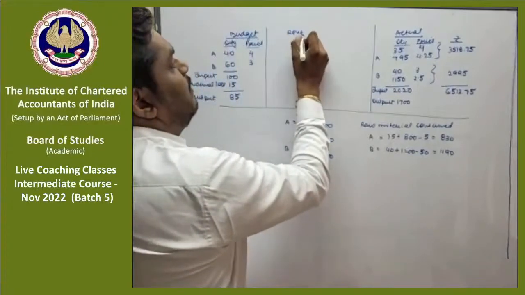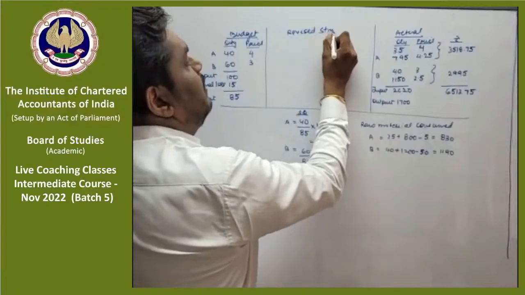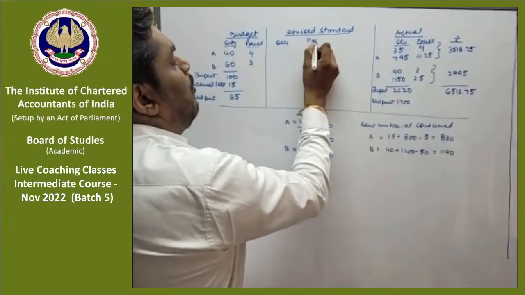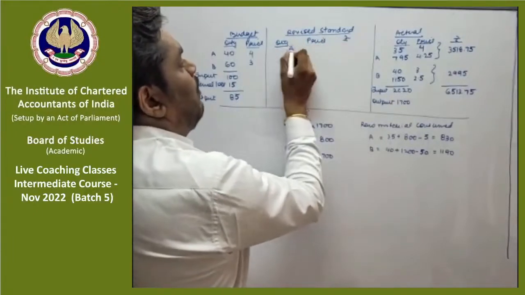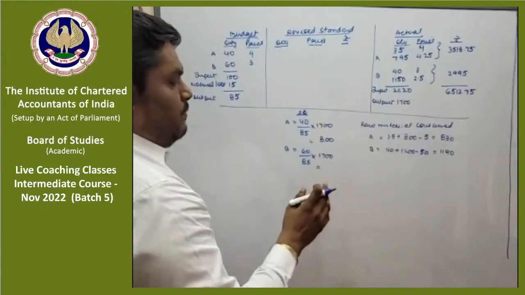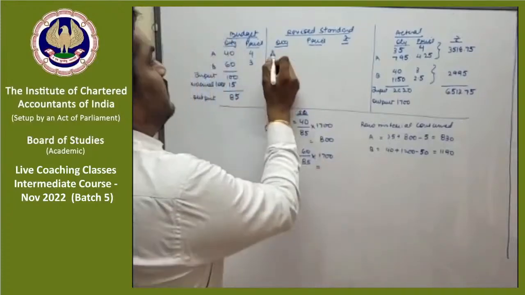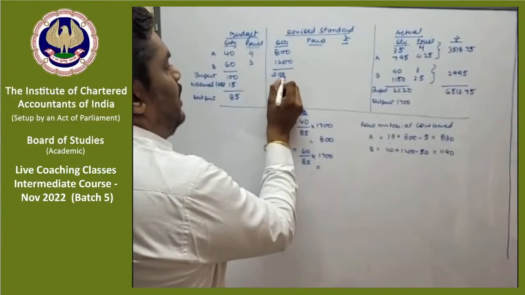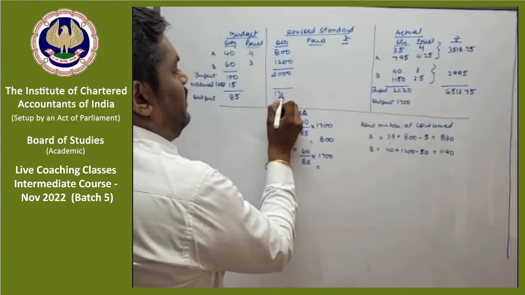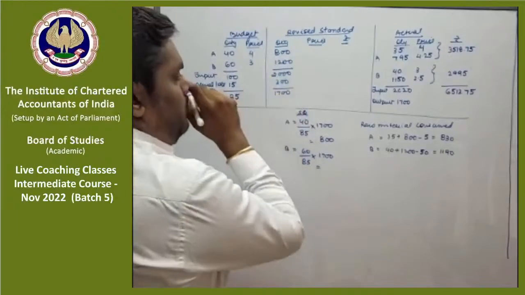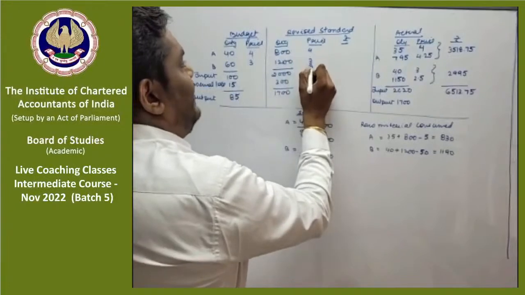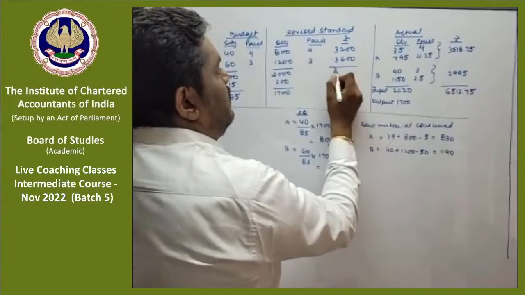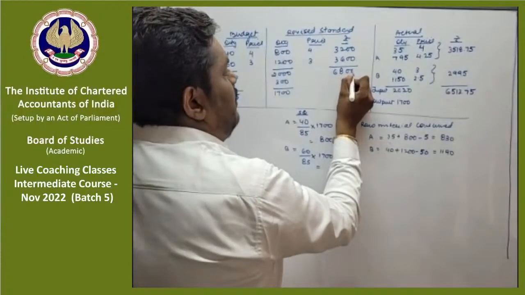So revised standard will be 800, 1200, 2000, and the output 1700, with 300 as the difference. The price is 4 and 3. So 3200, 3600, 6800.